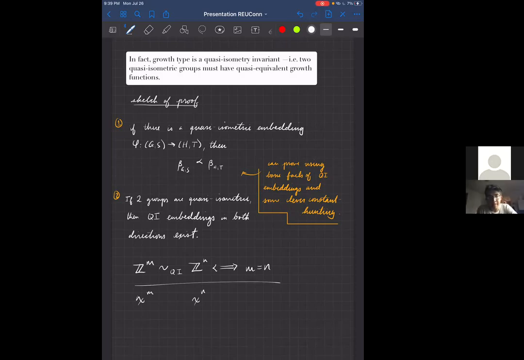No bueno. So already we're learning a lot about quasi-isometries just from growth considerations. And like I said, here's a sketch of the proof. I don't have time to go through it right now, but if you want to pause the video at some later point and do it yourself as an exercise, feel free.